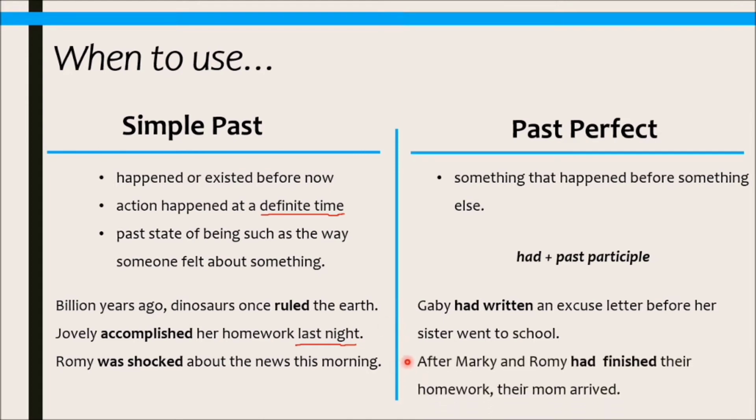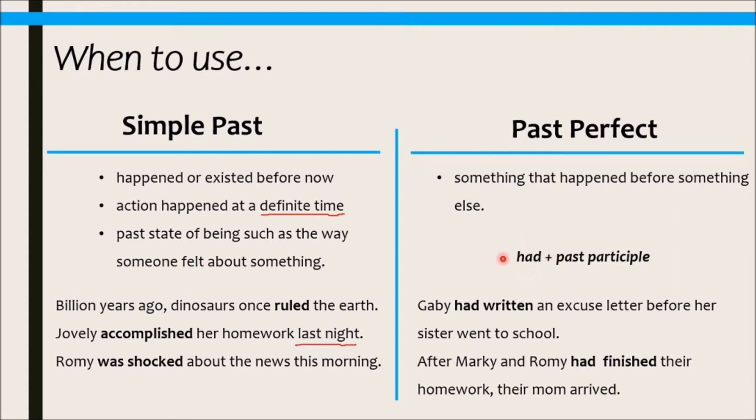Another one, after Marky and Romy had finished their homework, their mom arrived. Look, in our first sentence, we have Gabby, a singular subject, and in this one, Marky and Romy are a plural subject. Remember, whether your subject is singular or plural, you will use the helping verb had.